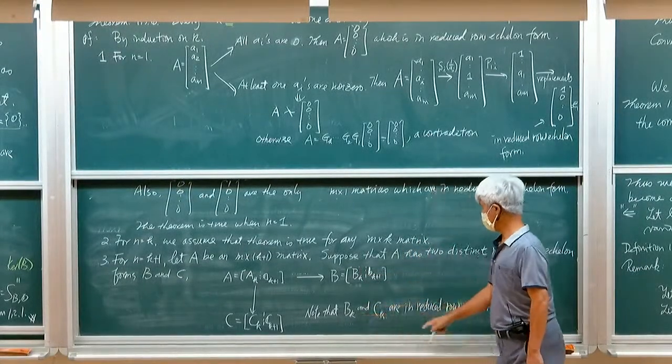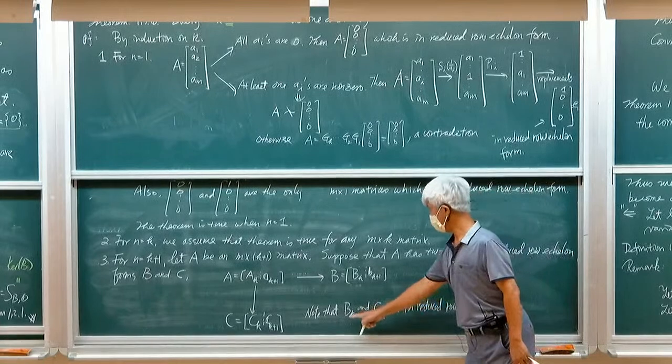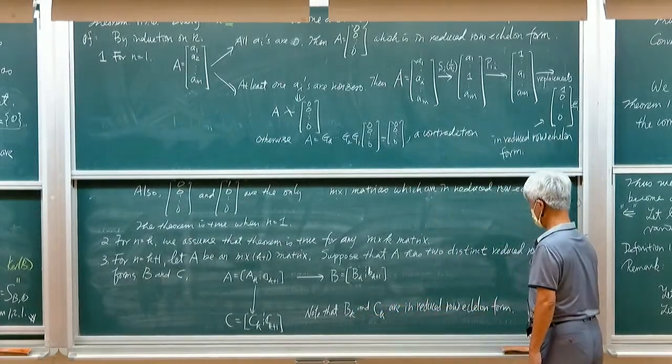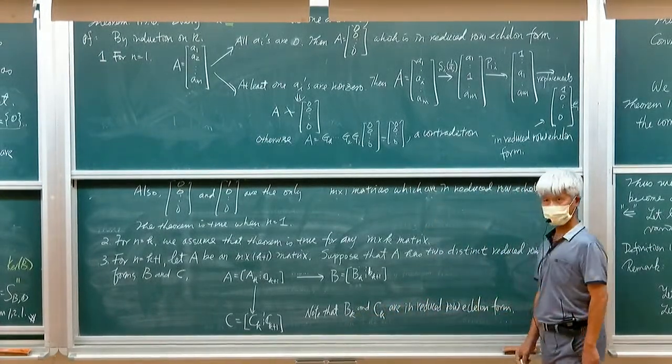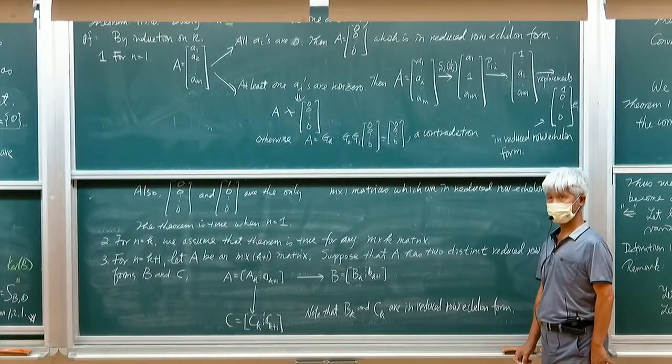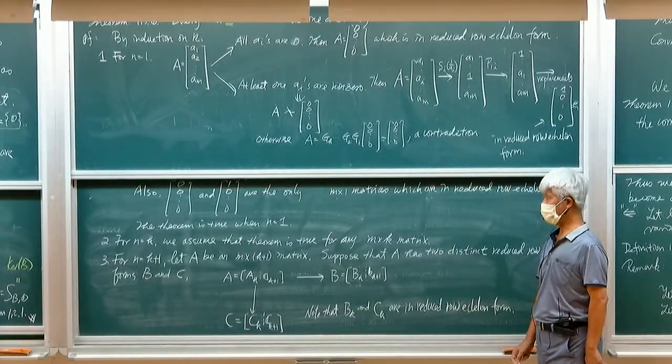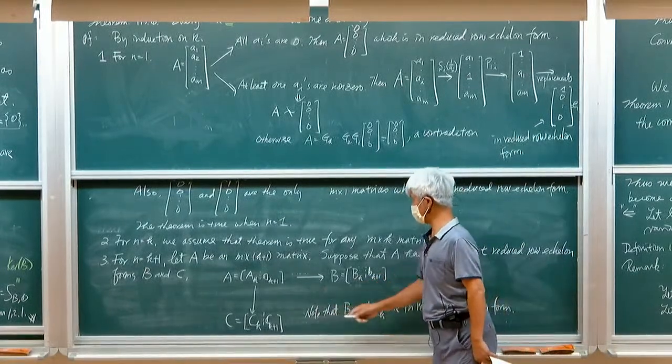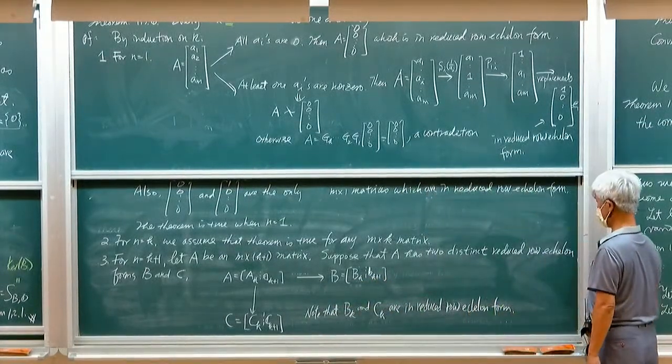So B_k and C_k are in reduced echelon form already. Okay, so this is very important.